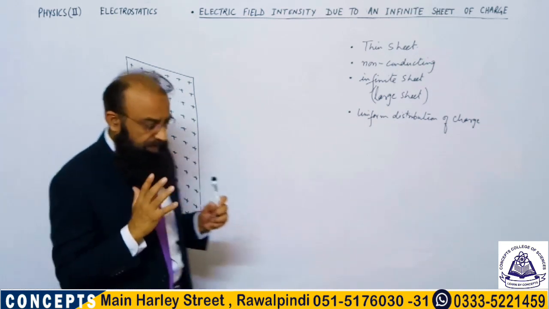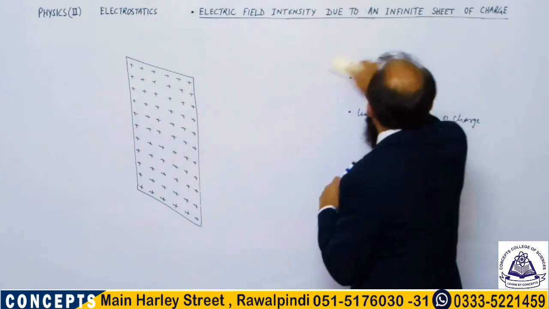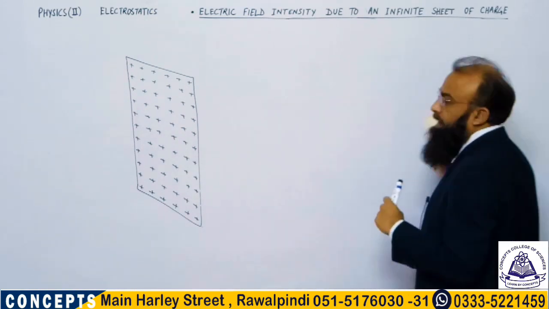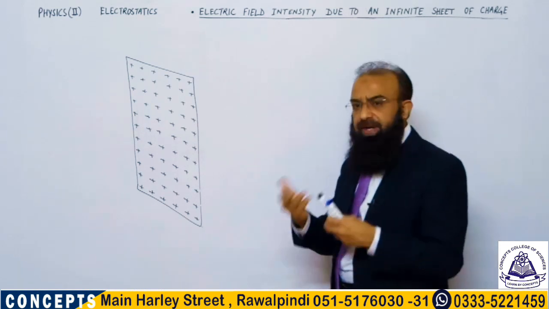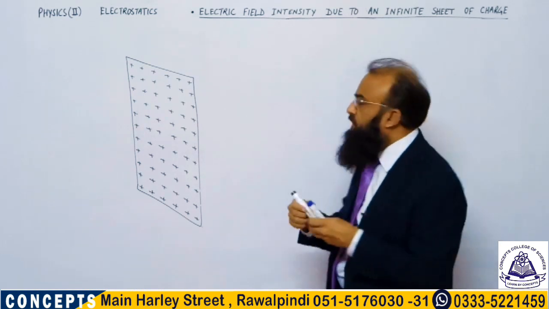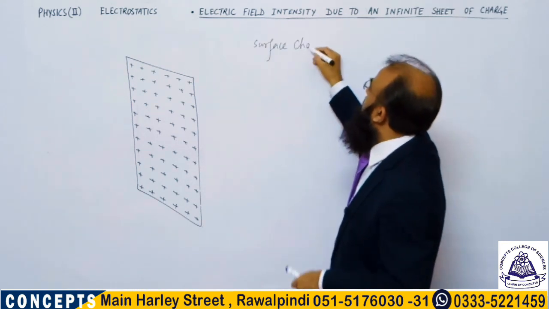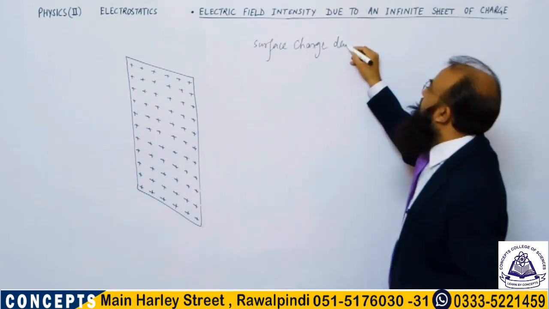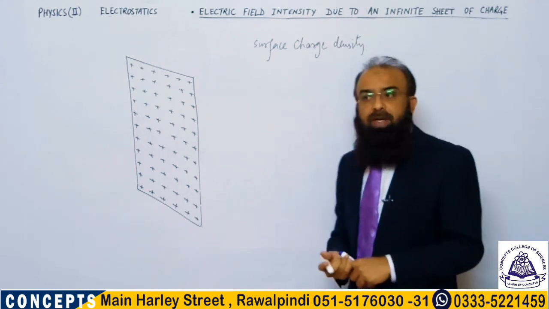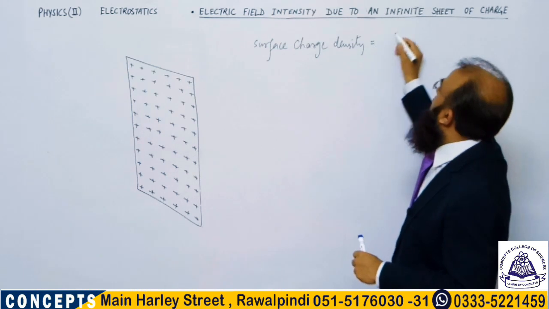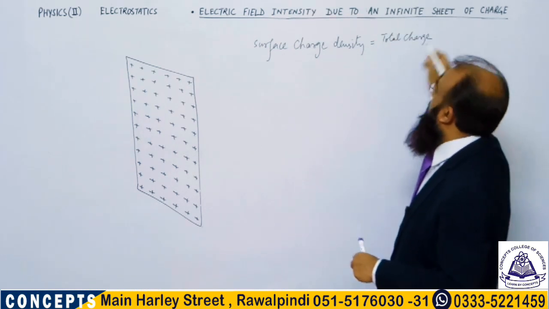Now students, if the distribution of charge is uniform over a surface, then we introduce a term called surface charge density. This surface charge density is the total charge on that sheet over the total area.